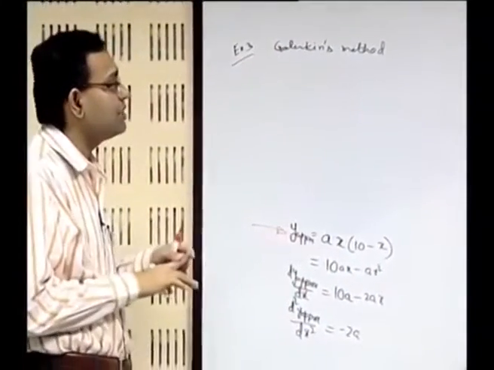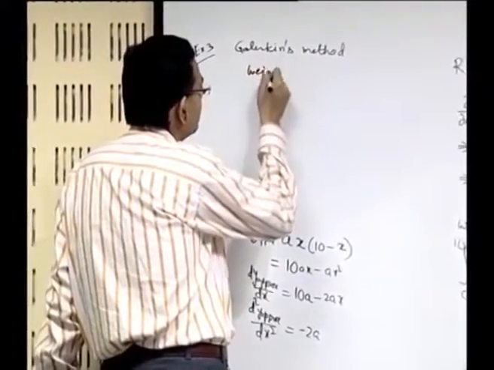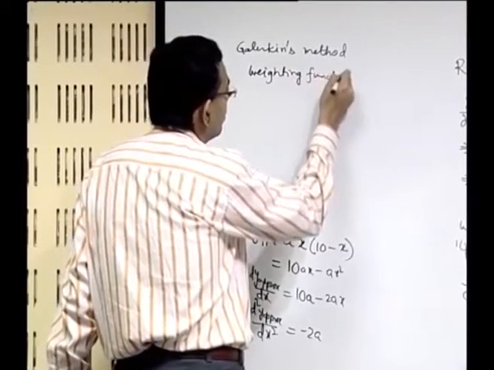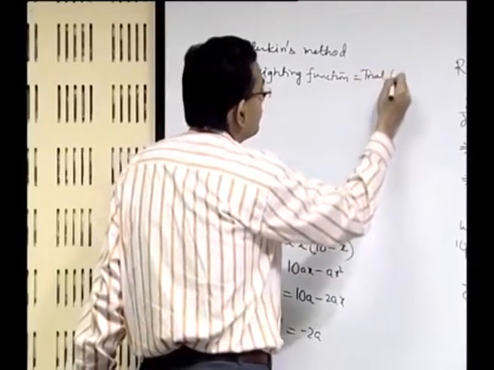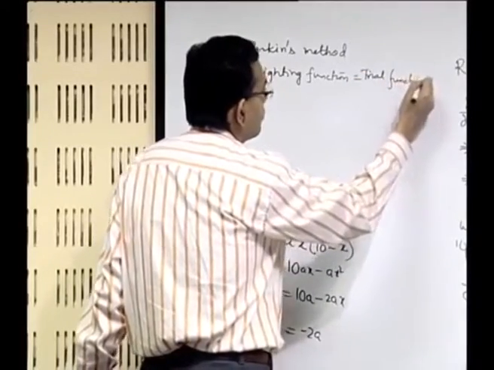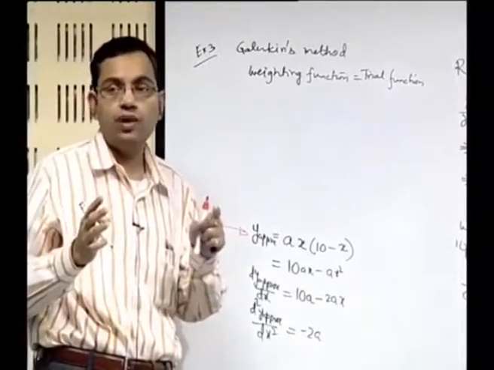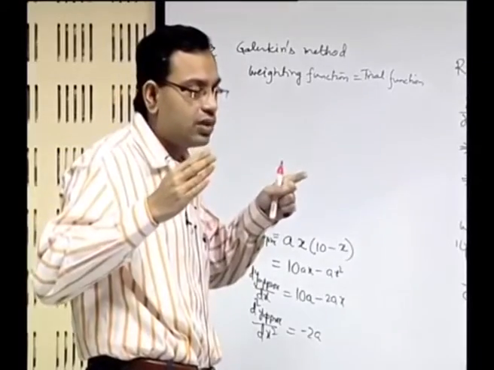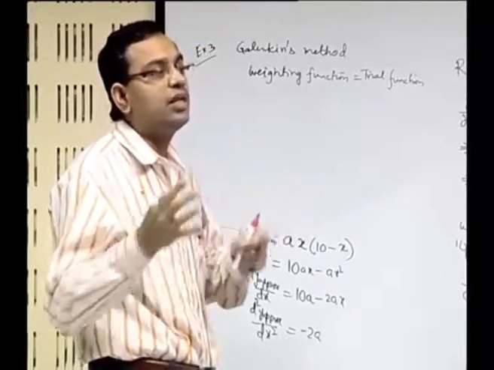Galerkin's method also does it in a very special way. It considers the weighting function same as the trial function. So, it considers the same form of the two functions, so that your degree of freedom is somewhat reduced in terms of choosing the weighting function.